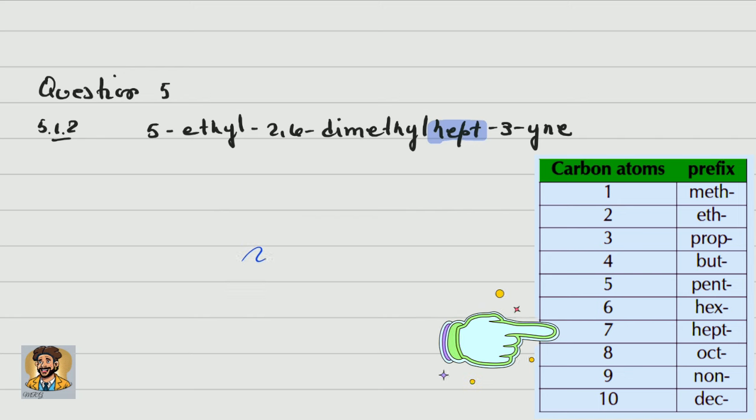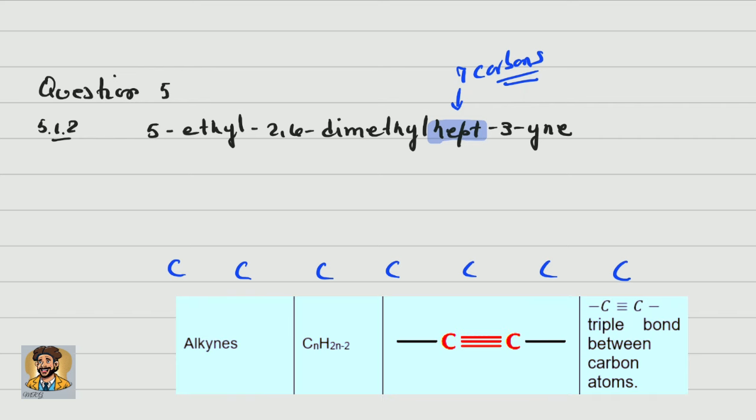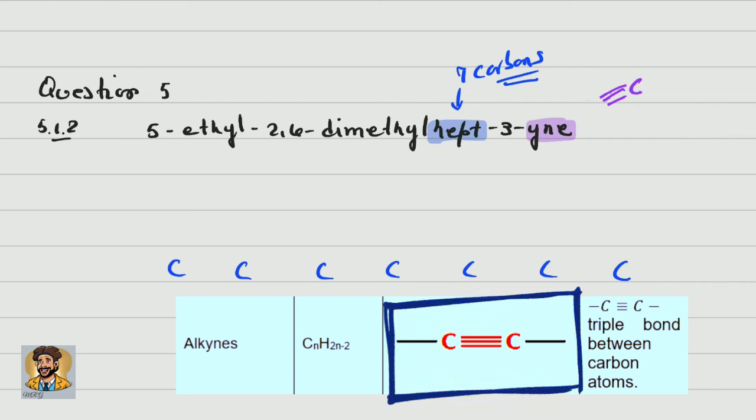So we are going to have 7 carbons along a line, 3, 4, 5, 6 and 7. That is the first thing you are going to do. Then you are going to look for the functional group that we say is -yne. So the functional group of the alkyne is going to be a triple bond between carbons.